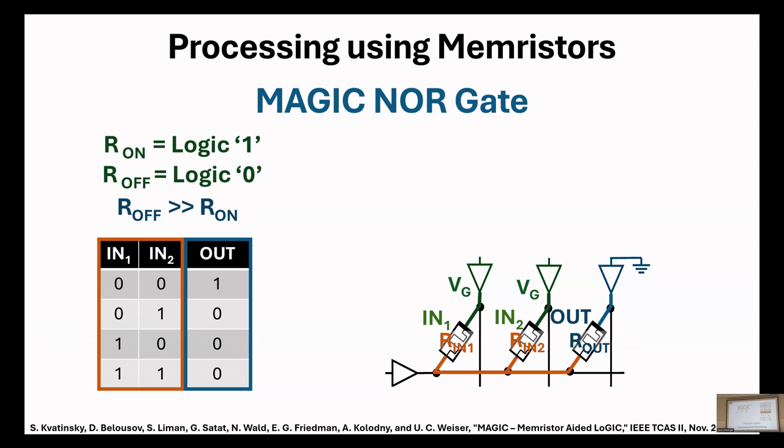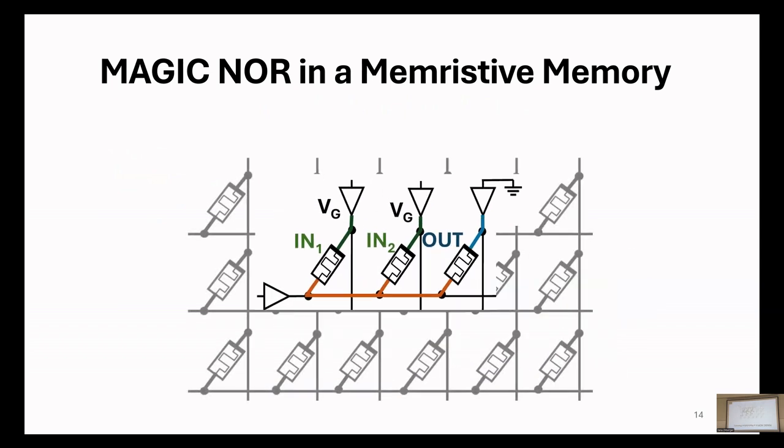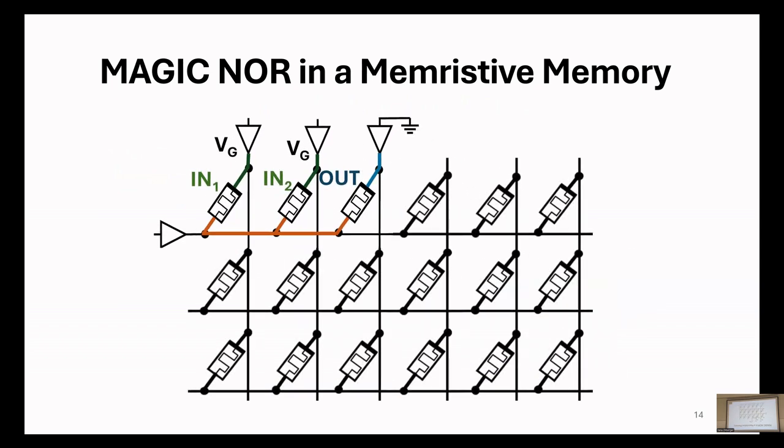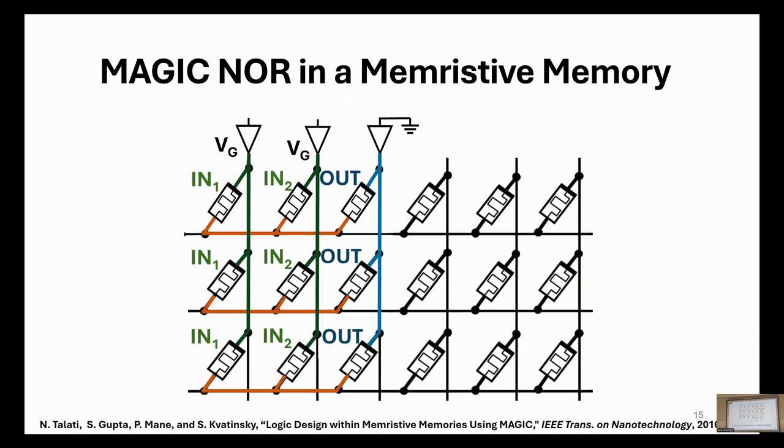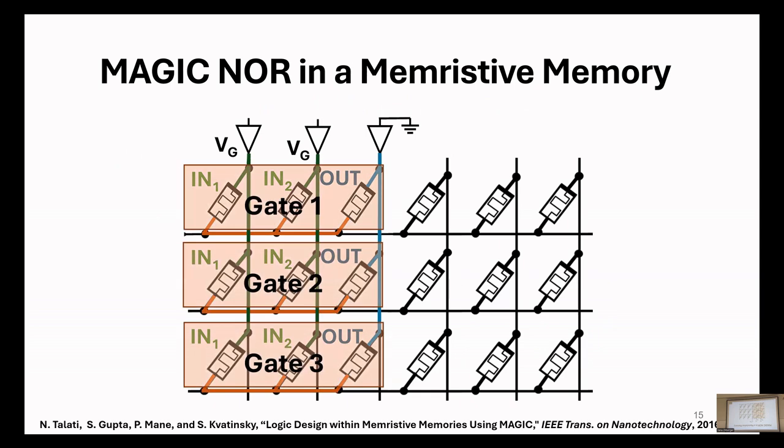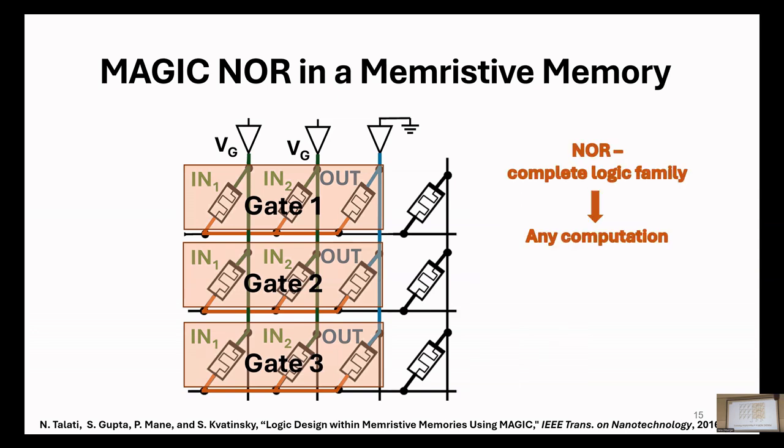What's special about the NOR gate is that it can be implemented using three memristors in the same row of the memory. It also can be executed with the three memristors in the same column, so it's symmetric. You can also see that the voltages applied to the columns are applied to the entire columns, so we can execute a gate in each row in parallel.